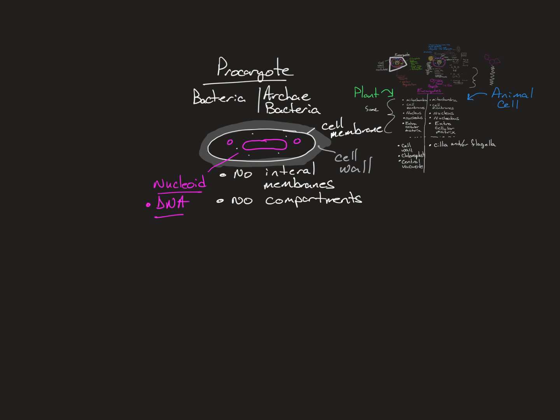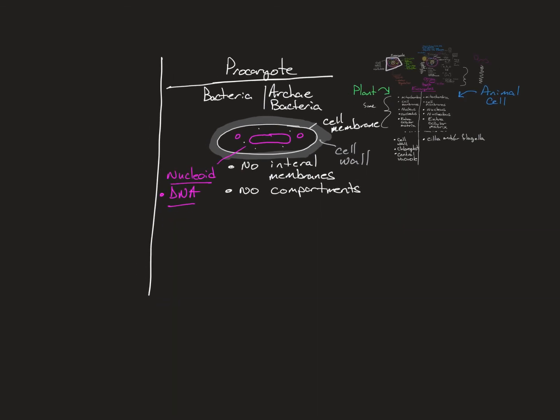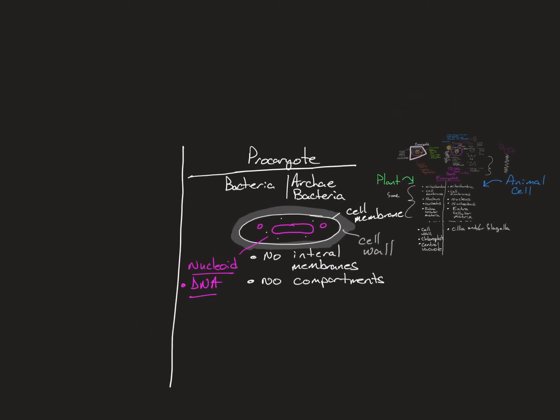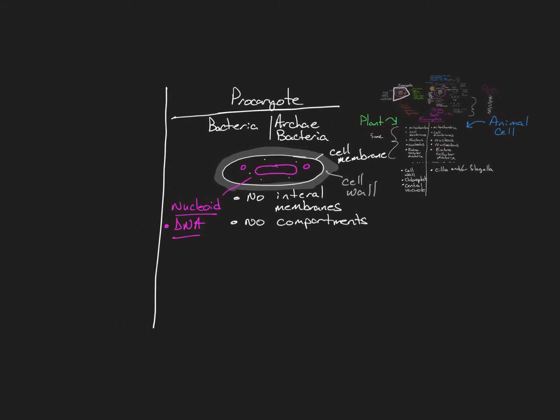I believe your book calls the difference between this and a shack, a house and a shack, right? Or maybe it was the MIT lecture, but in any case, you can think of a prokaryote like a tent or a one room shack.